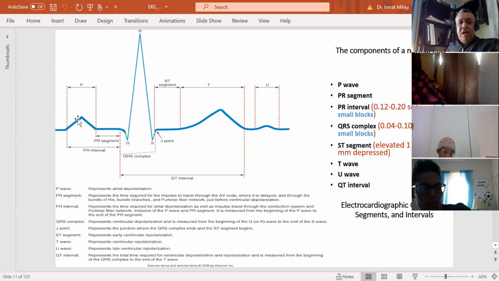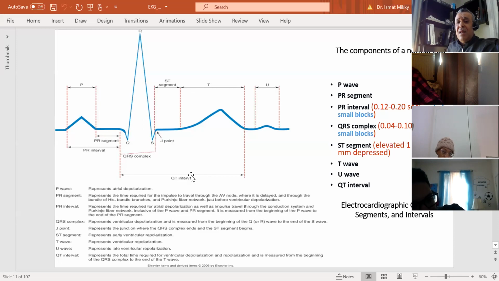So we have the P wave contraction, and then the segment again. When we measure intervals, we focus on two main components: the PR interval and the QRS complex. The QT interval is a little advanced because we have something called QTc, QT corrected, and we will discuss this in Adult Health 3.